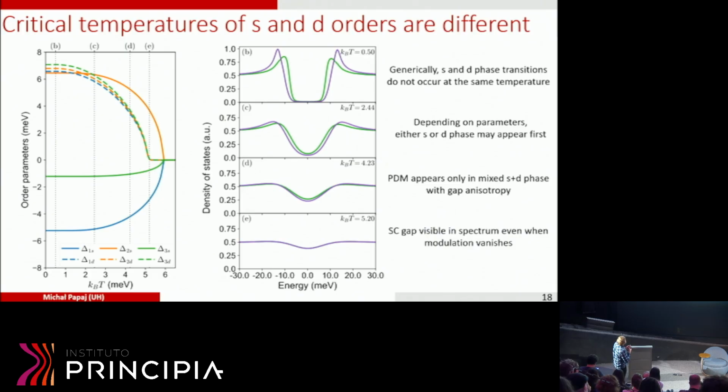Here we can see that as we increase the temperature, the D-order parameter decreases more rapidly. Right after the D-order parameter disappears, we still see the broadened superconducting gap, but there's no modulation, because we only have the S-order parameter. But as we cool down, or move up here, the larger the D-order parameter, so the larger the anisotropy, the larger the difference between the sublattices will be.